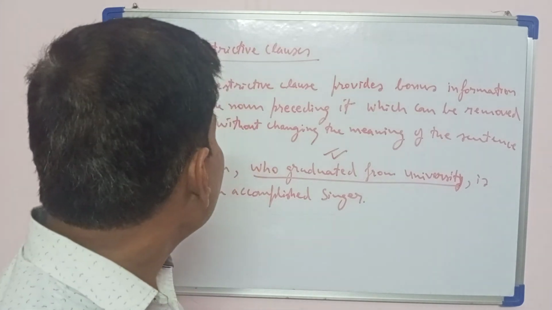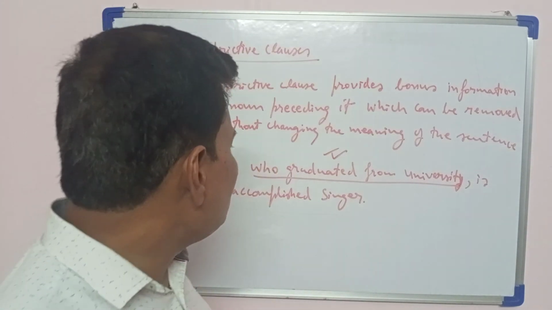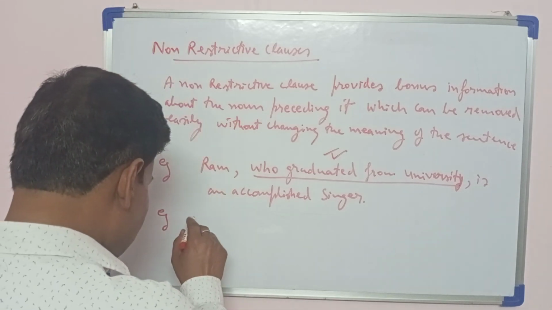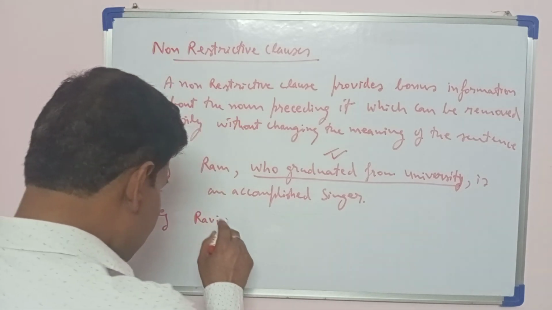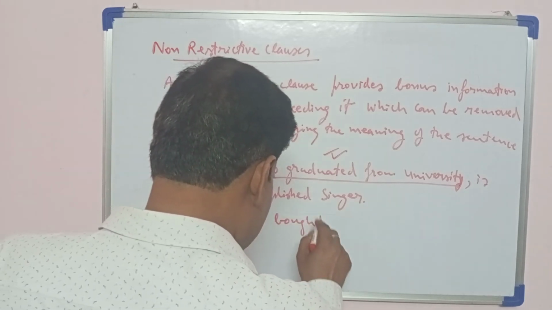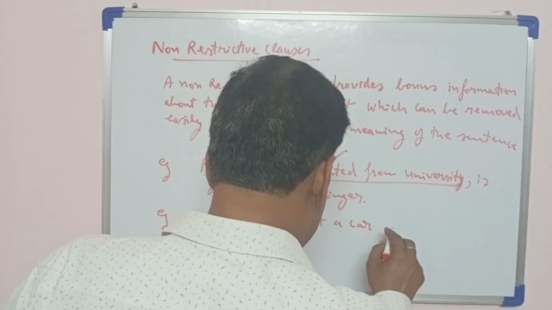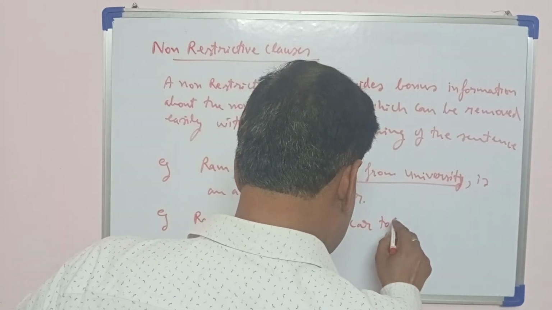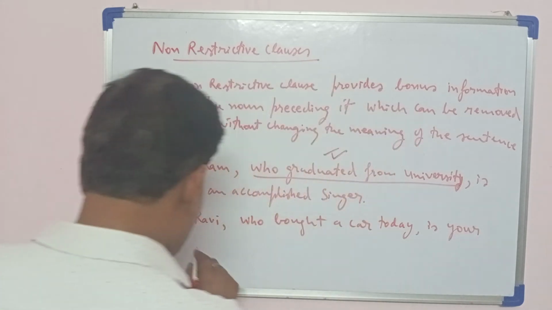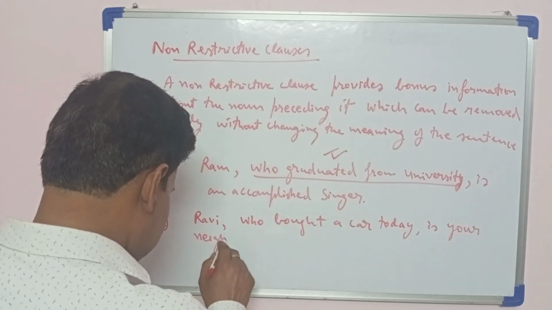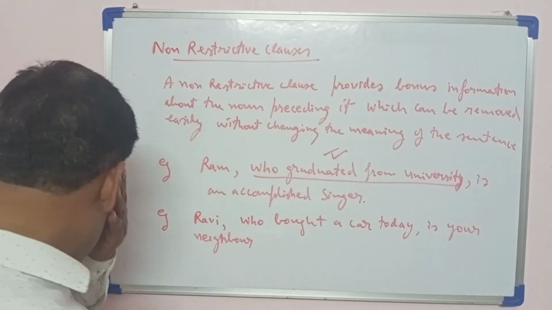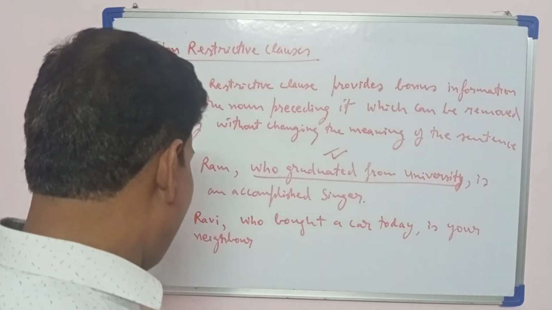Now let's see one more example. Ravi, who bought a car today, is your neighbor.